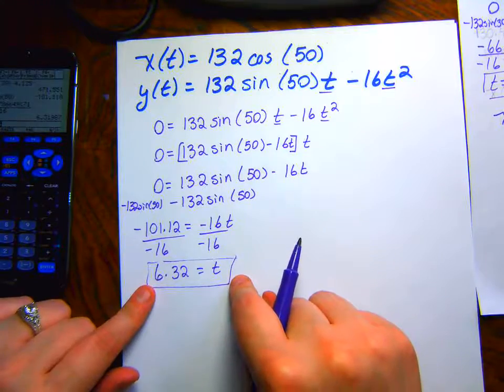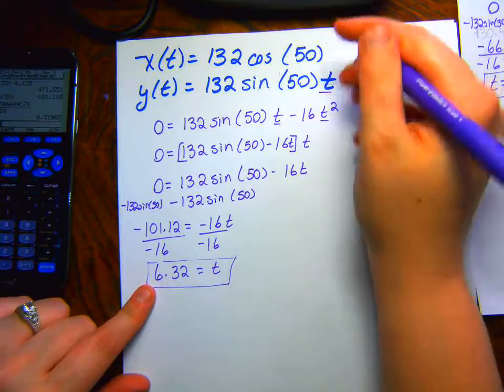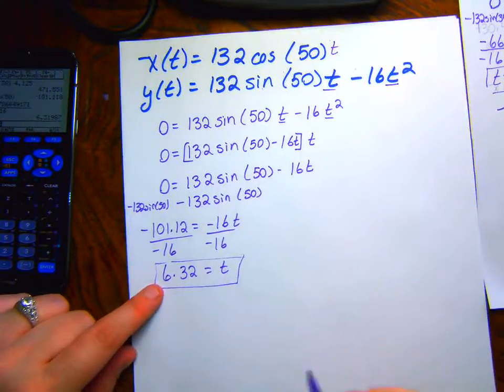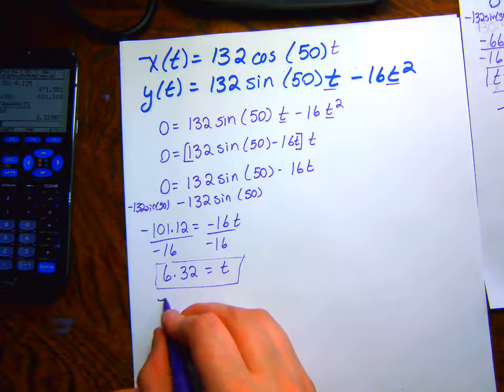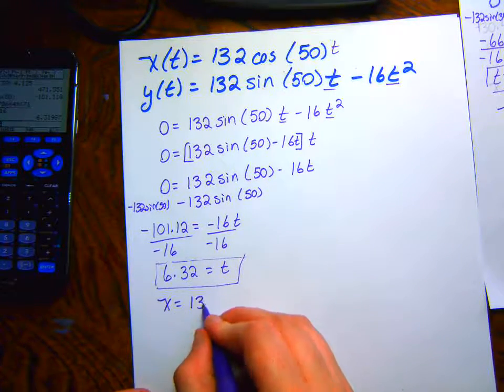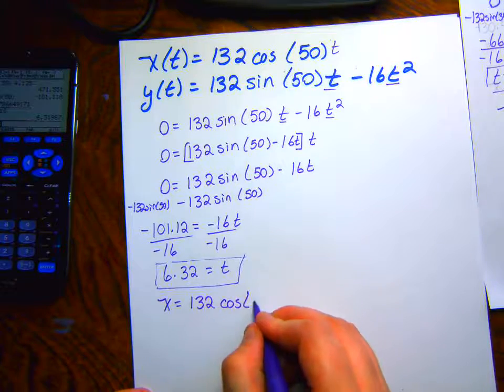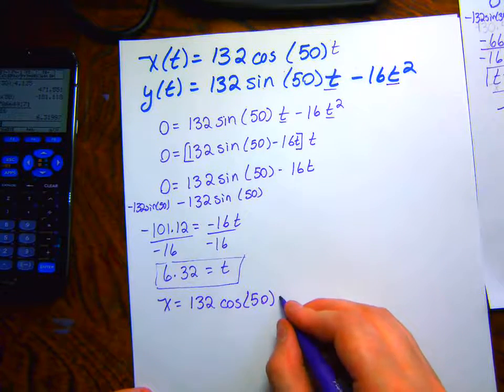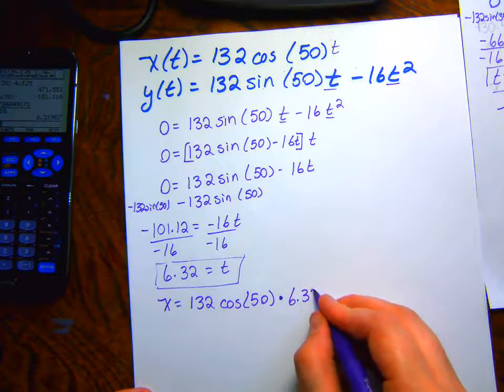Now that I have this value, I can plug it back into here. Oops, I forgot a t on here. Okay, so that means that my x is going to equal 132 cosine of 50 times 6.32, that's my t value.